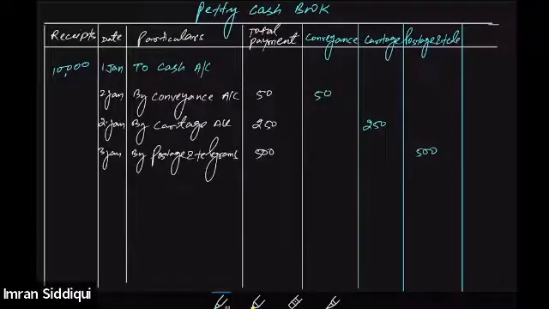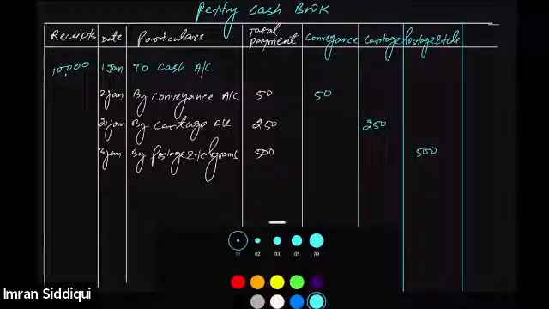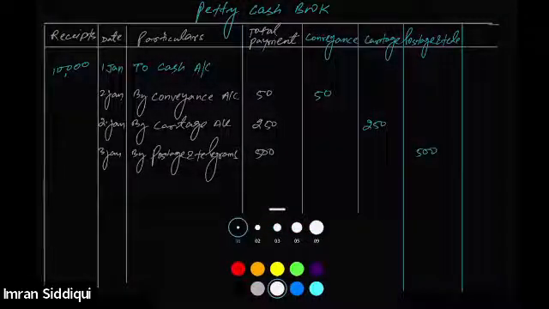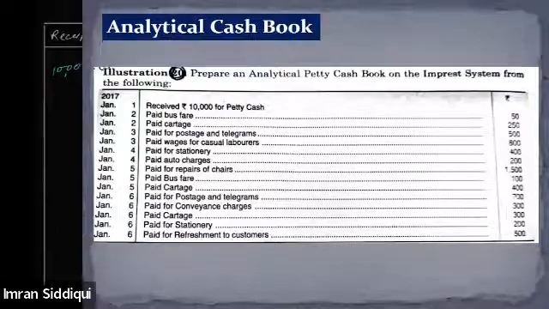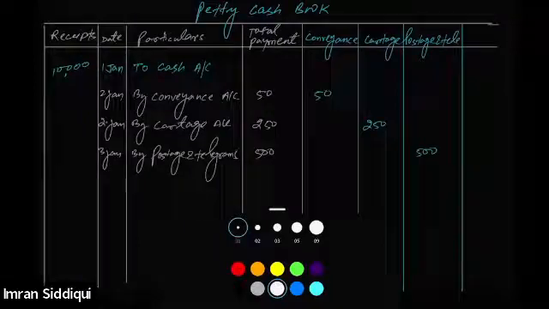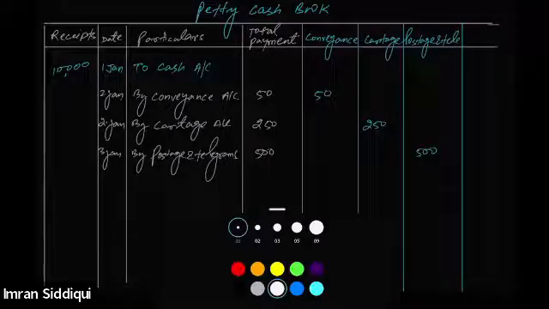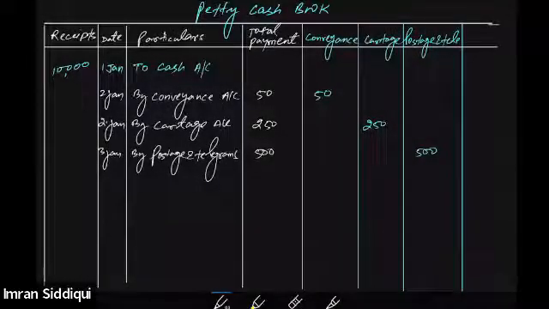Yes, sir. Yes or no? Yes, okay, sir. All right. Next transaction on 3rd of January again, paid wages for casual laborers. So wages is a different expense again. On 3rd January, by wages, how much we have paid for it?